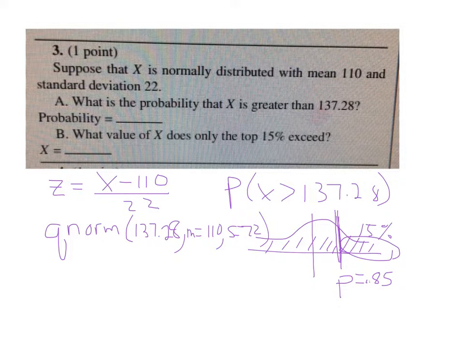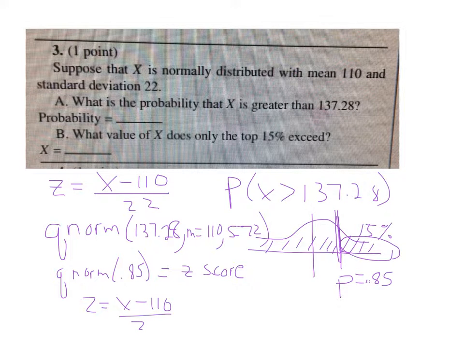When you go into q-norm this time and put in 0.85, it's going to give you the z-score for that probability. Then you can work it backwards with the same formula: you know the z-score to fill in, and X is what you're trying to find. That will give you the answer for part B.